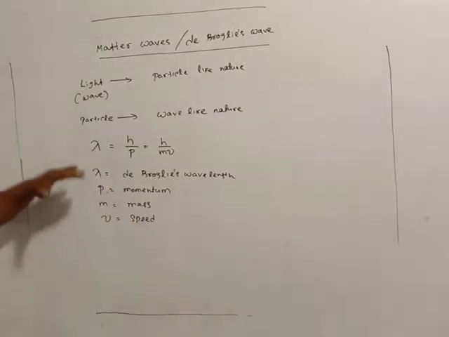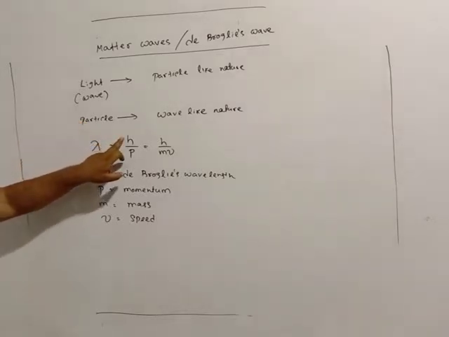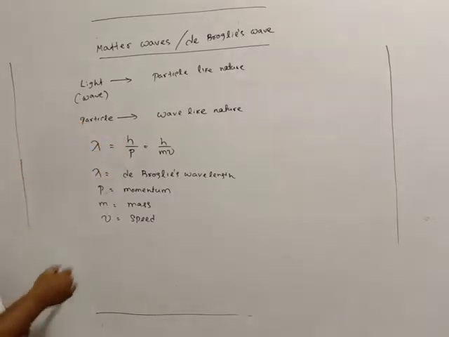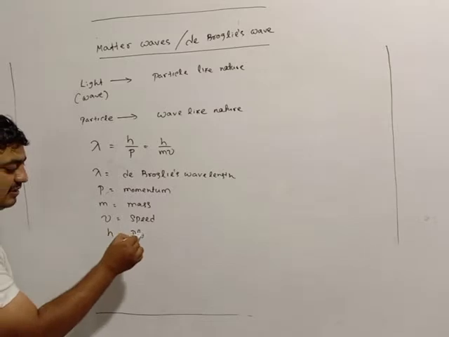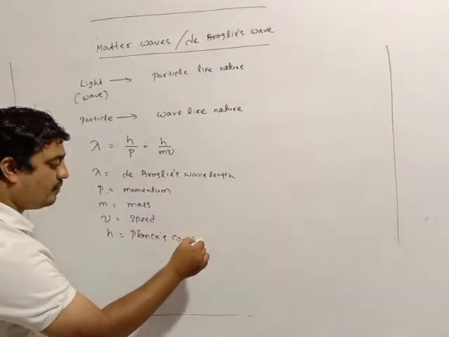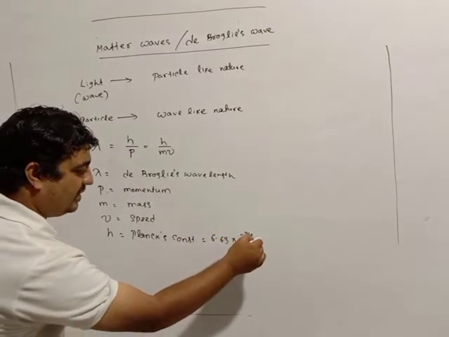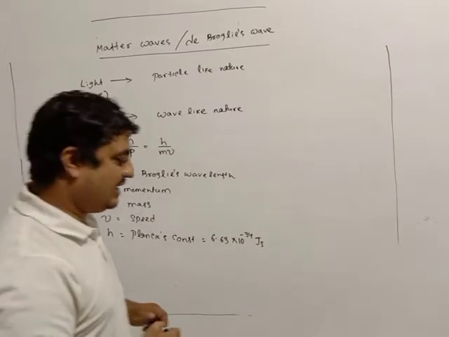So, the de Broglie wavelength associated with a moving particle is given by Planck's constant by momentum. Here h is the Planck's constant. It is equal to 6.63 into 10 to the power minus 34 joule second.